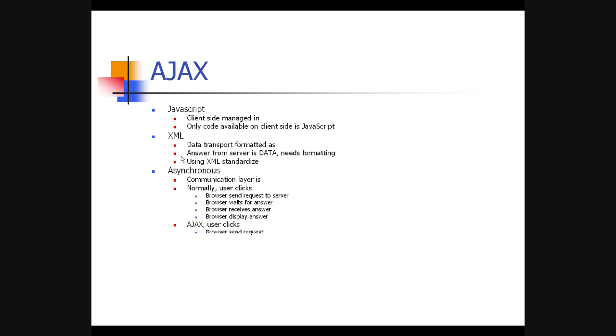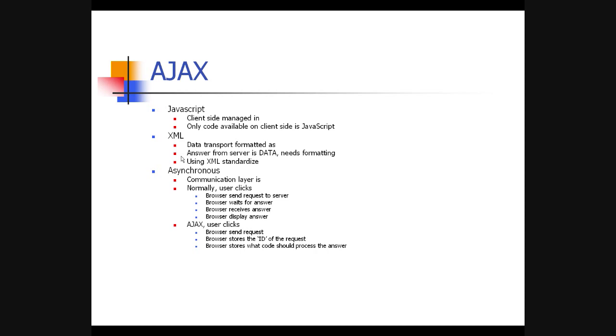Now in Ajax, the user clicks, and the browser sends the request to the server in a slightly different way. Then the browser stores the ID of the request, some kind of identifying information for that request, and also stores what code should process the answer.